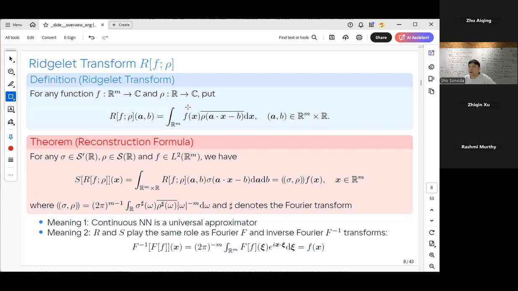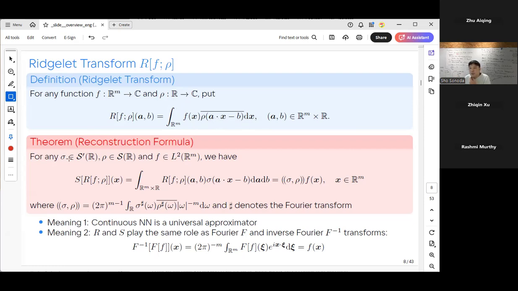The Ridgelet transform is defined as a scalar product, a functional product, of the function f to be approximated by the neural network and rho(a·x − b) with respect to the data variable x. So it essentially measures the similarity between f(x) and rho(a·x − b). Okay, this is the meaning of the Ridgelet transform.